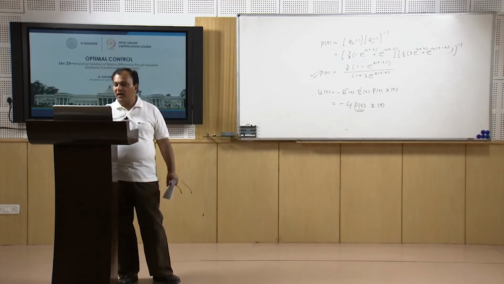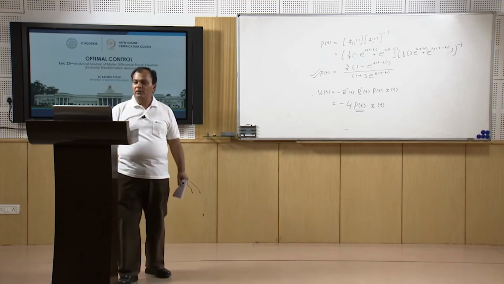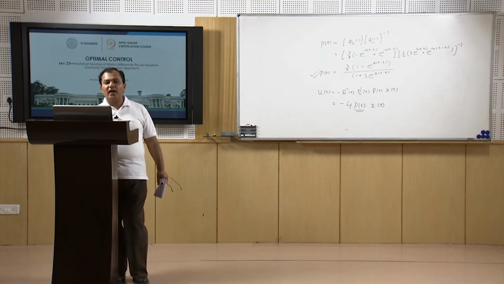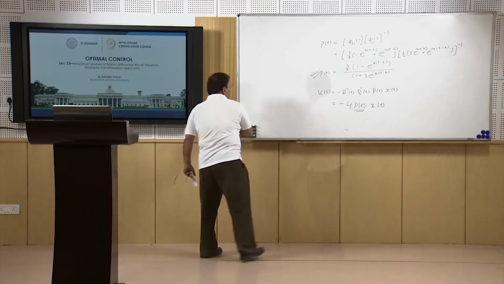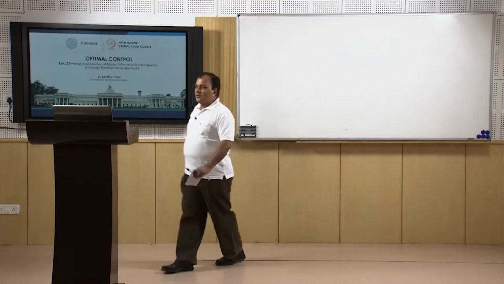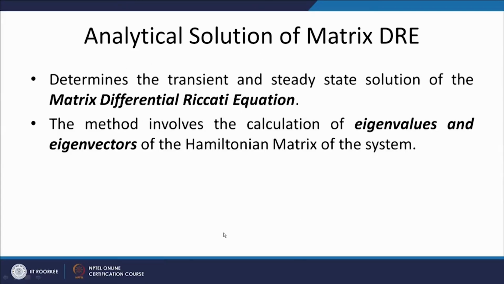Next we will discuss another approach which is based on eigenvalue and eigenvector analysis. This approach for the analytical solution of the matrix DRE is based on eigenvalues and eigenvectors.